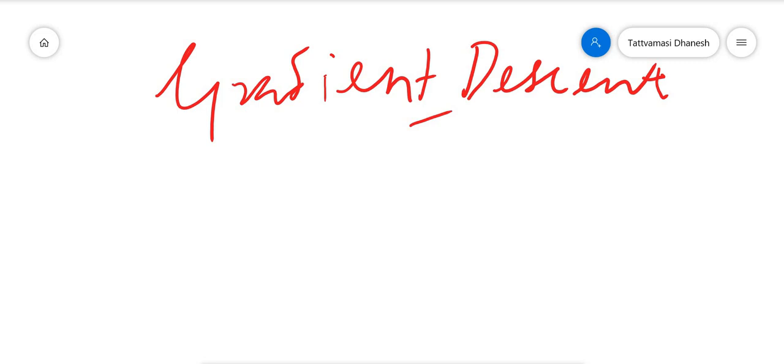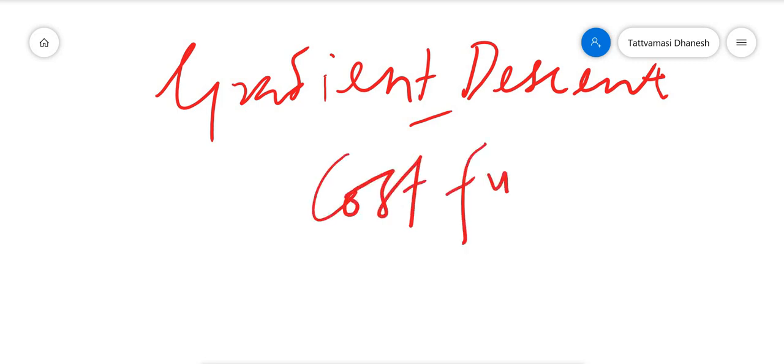We use it in economics, statistics, artificial intelligence, machine learning, deep learning, everywhere. Here in deep learning or machine learning, gradient descent is used to find the minimum of a cost function. To find the global minimum of a cost function, we are using this gradient descent.